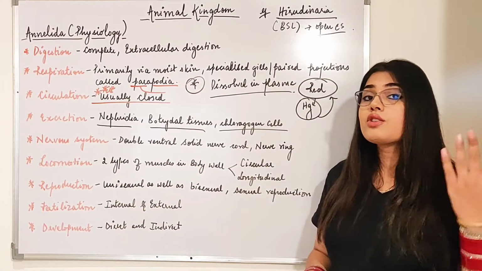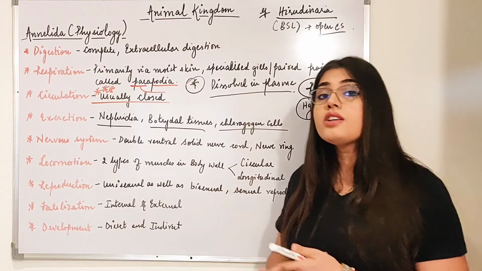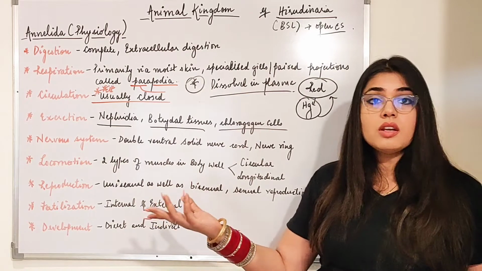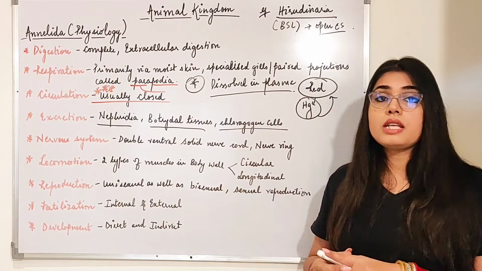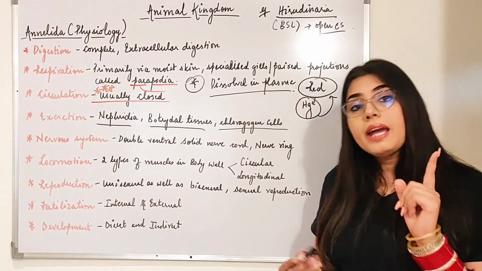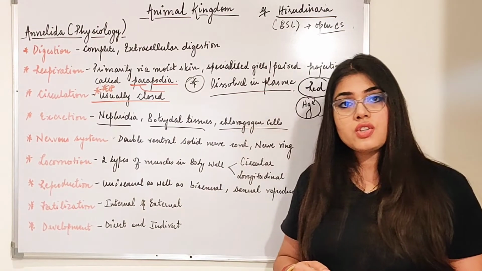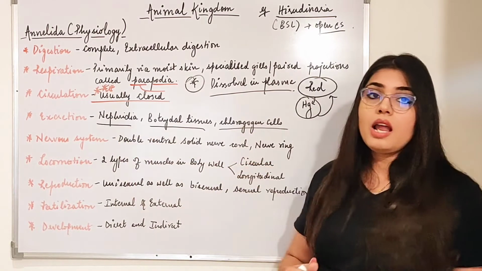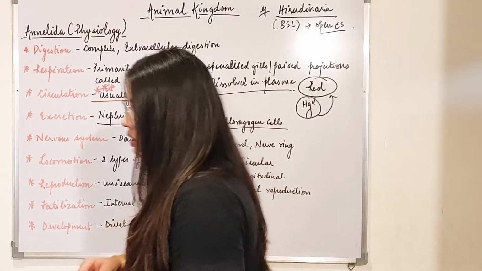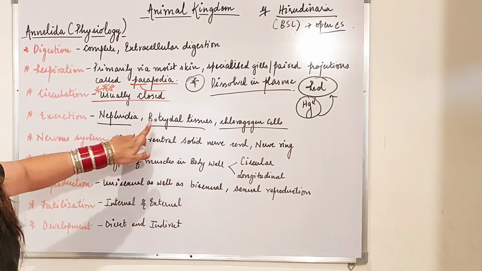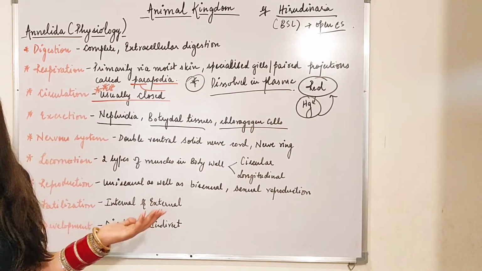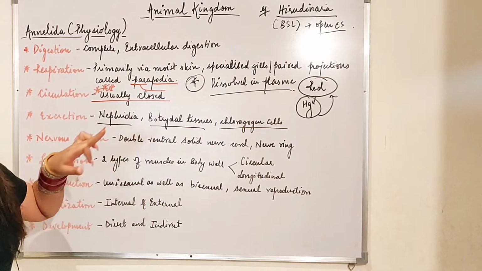Nephridia is found in earthworms, right? What will be the function of nephridia, beta? The function of nephridia is that it helps in the process of excretion, and one more function is that it maintains the ionic concentration. So note it down. Next, beta, botryoidal tissue. Botryoidal tissues are types of connective tissue.